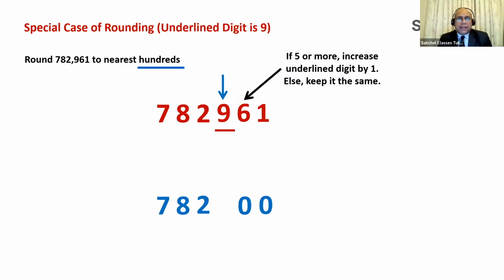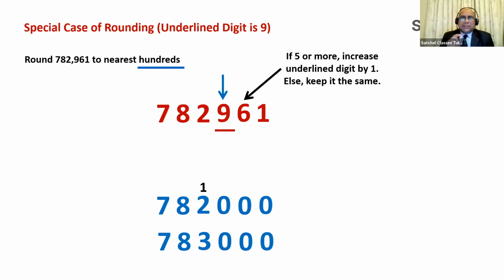So what I'll do is I'll write the 0 of 10 in the place where we had 9 and carry over the tens digit of 10, which is 1, to the preceding digit, which is 2. So 2 plus 1 is 3. So your final answer is 783,000. So the number 782,961 rounded to the nearest hundreds is 783,000.